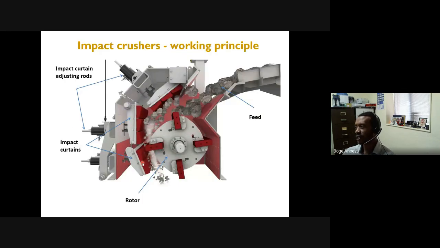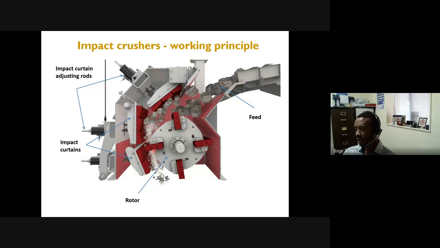So how do they work? This is the main working principle of an impact crusher. So inside an impact crusher, you have what we call a hammer, and the hammers are actually suspended on a rotor.